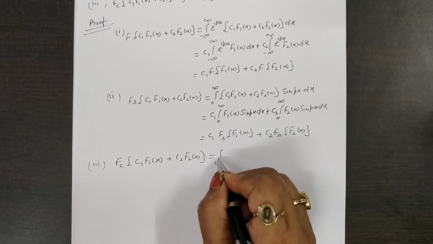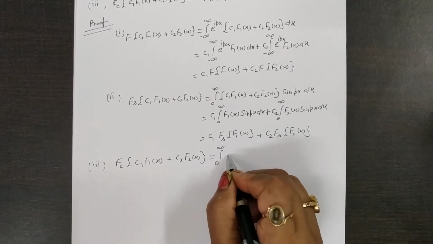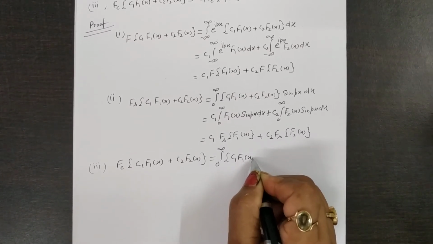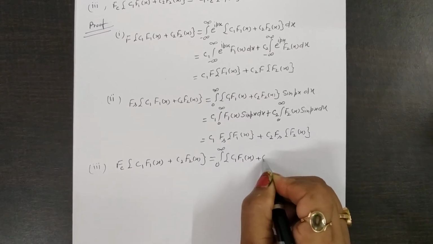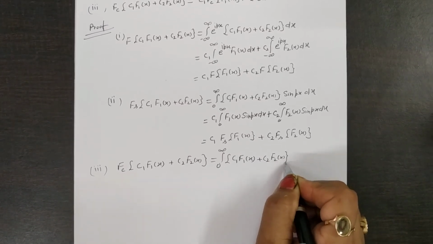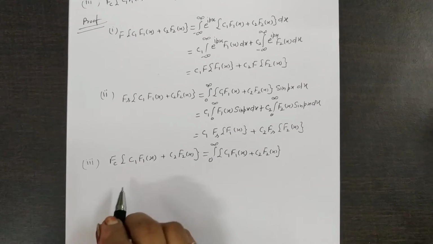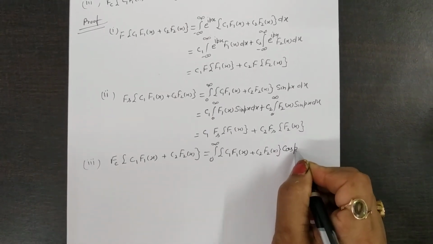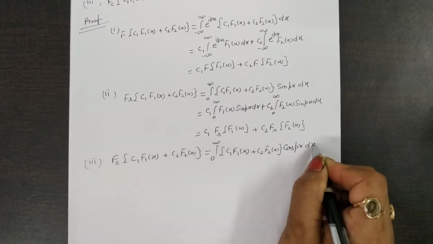Then we get the integral from 0 to infinity of c1 f1(x) + c2 f2(x) times cos(px) dx.